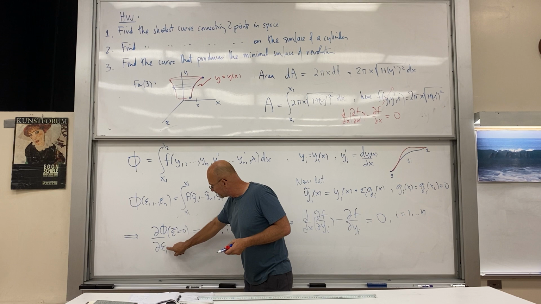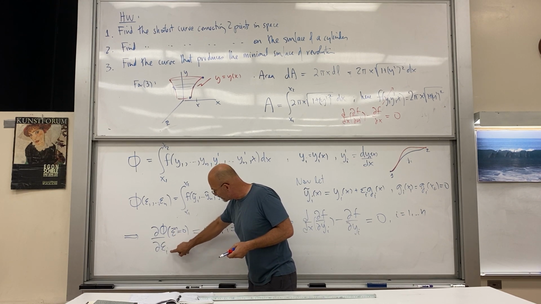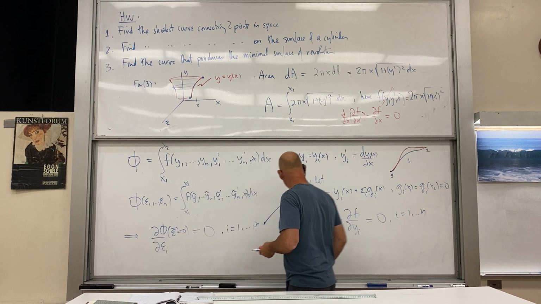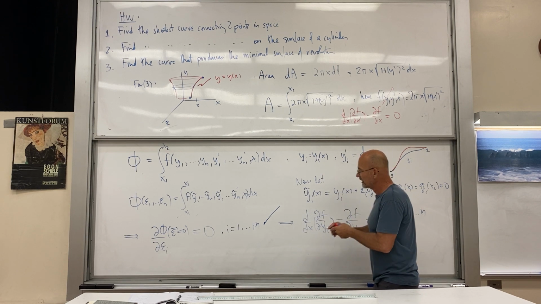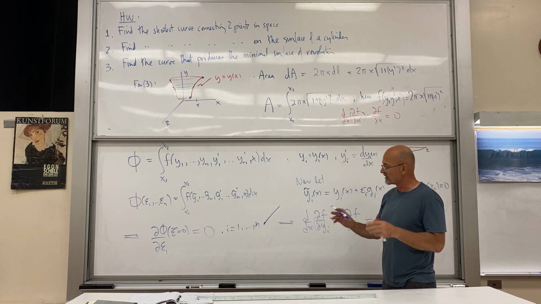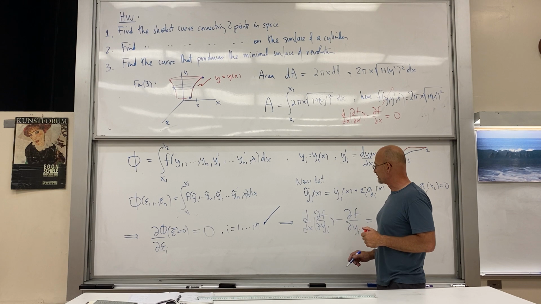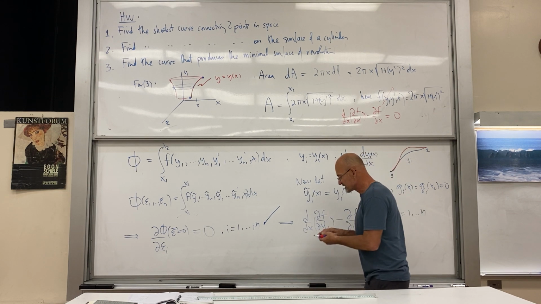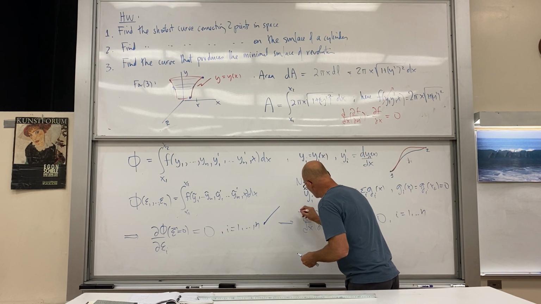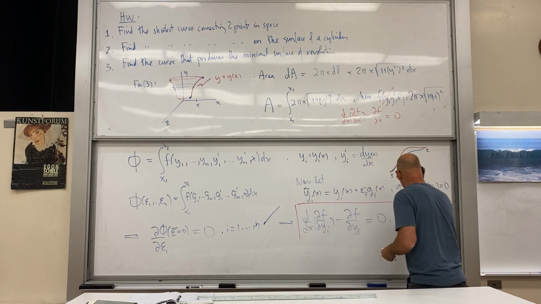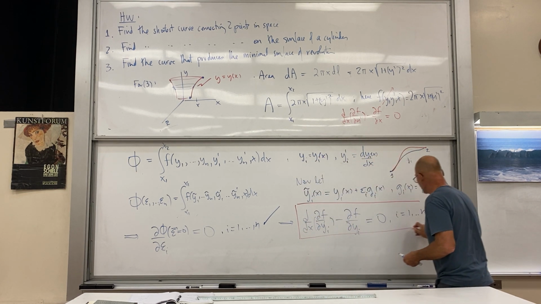Because we're independently varying each one of these, partial with respect to epsilon sub I, which picks off y sub I, has to vanish. So they all have to vanish at the same time, independently of each other. Then we get this form n times.